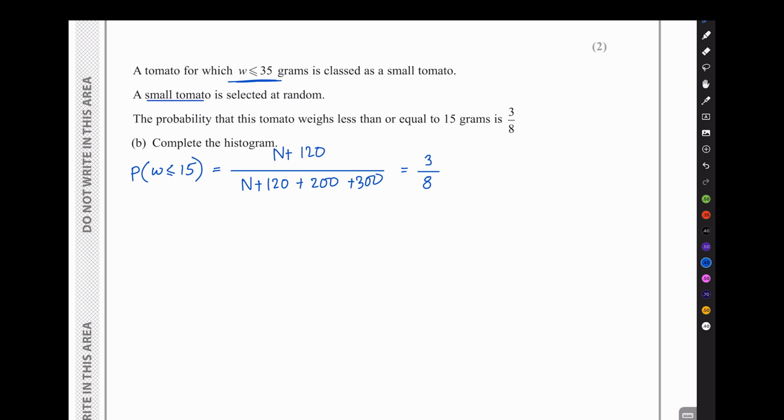So clearly I can find the value of n from this equation.